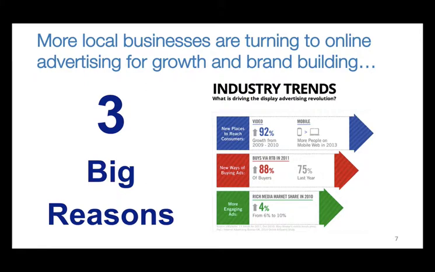Second is new ways of buying advertising. There is a process called RTB, or real-time bidding, that is now becoming a very common way to buy advertising digitally. Essentially, it allows you to bid in the exact moment on available ad space on sites around the web.